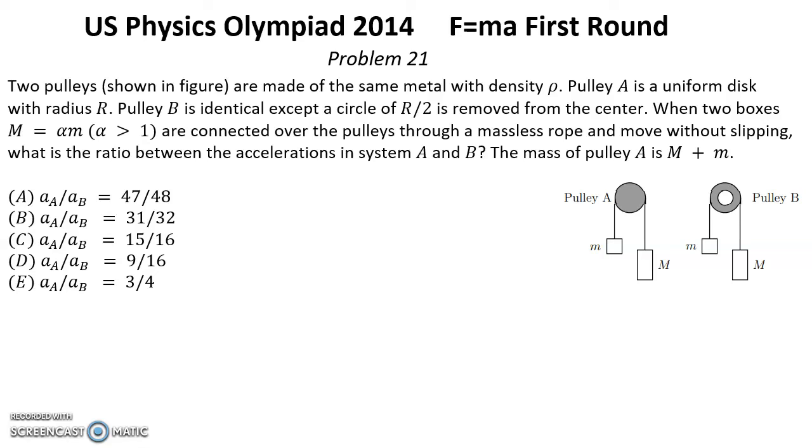When two boxes, M equals alpha m, where alpha is greater than 1, are connected over the pulleys through a massless rope and move without slipping, what is the ratio between the accelerations in system A and B? The mass of pulley A is big M plus small m.